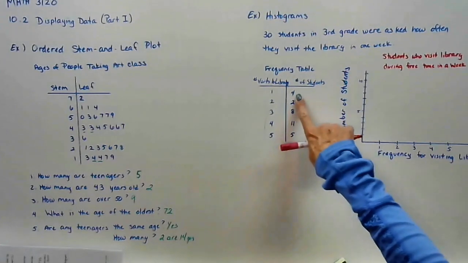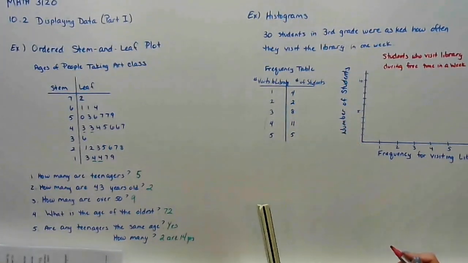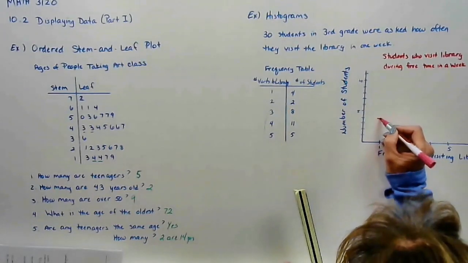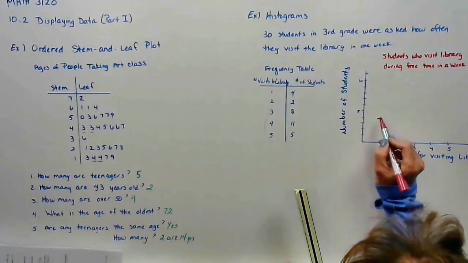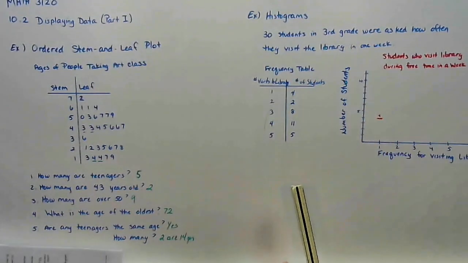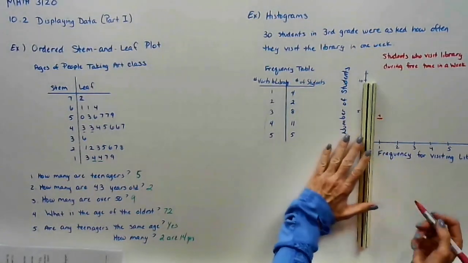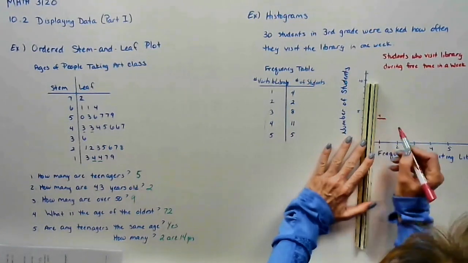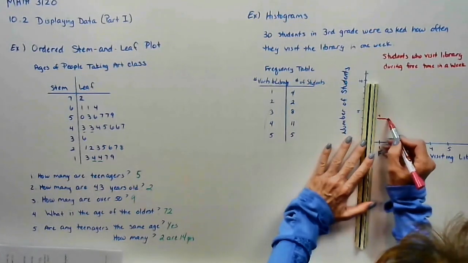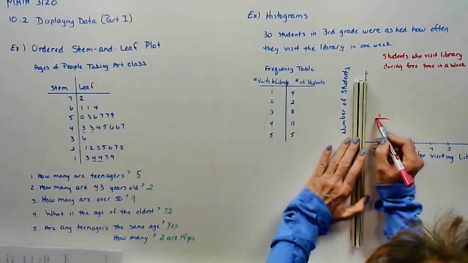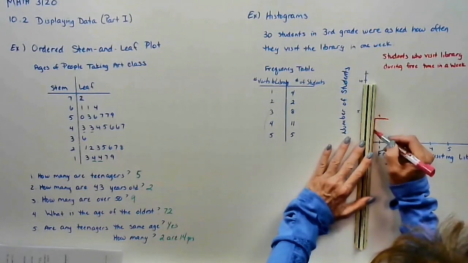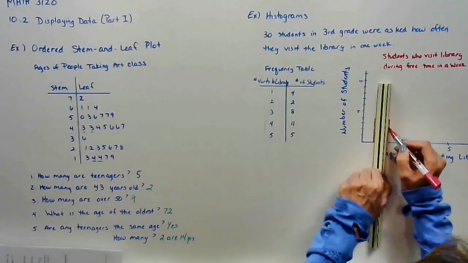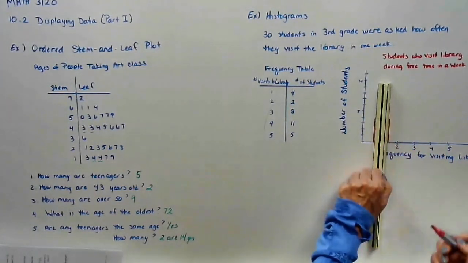Now when you go to make this histogram, there are 4 students who visited once. So I need to come up here to the number 4, and a lot of times it's easiest to go to the number 4 and put a little 4 there. And then you want to make sure that this goes halfway between 1 and 2, and halfway between 0 and 1. And then we create, oh good, it's perfect, roughly about the size of that.